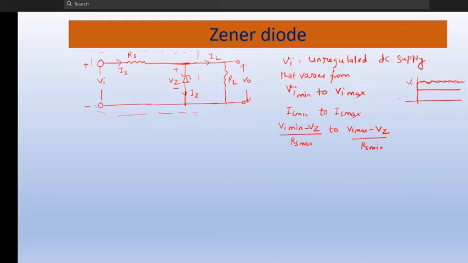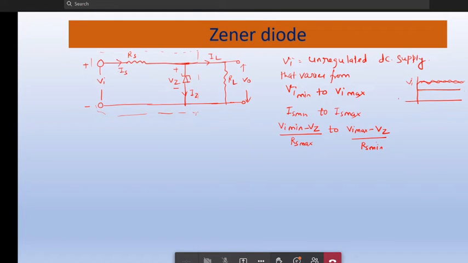So there we are designing a regulated output. Here, if I vary the input supply, there are various factors which can vary. So you have to decide what the value should be. So this is what we are doing: when the input voltage is changing from Vi min to Vi max, the supply current will change, and the value of supply current will also depend on this Rs.